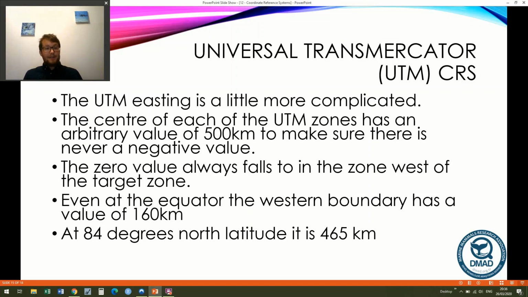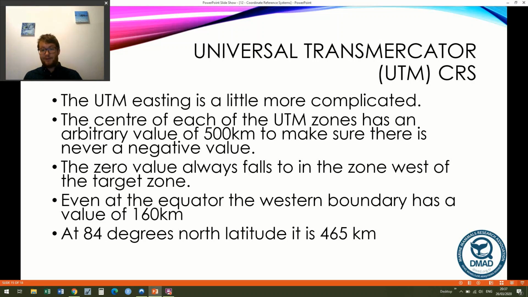So the easting of UTM is a little more complicated, as you can imagine, because we have our convergence. But basically, to try and make sure that there are no negative values, each UTM zone has an arbitrary value of 500 kilometers at its center.